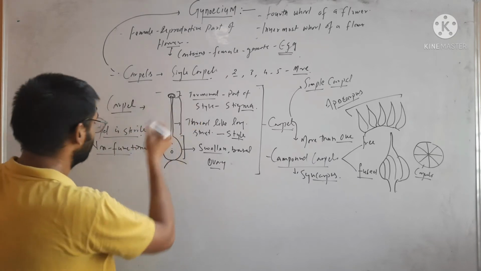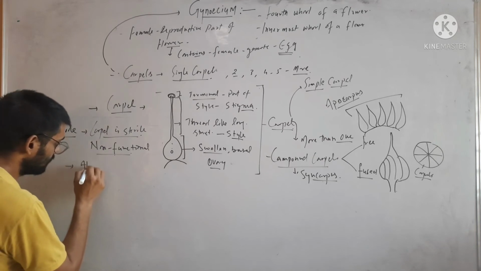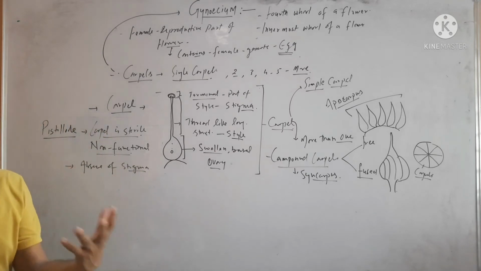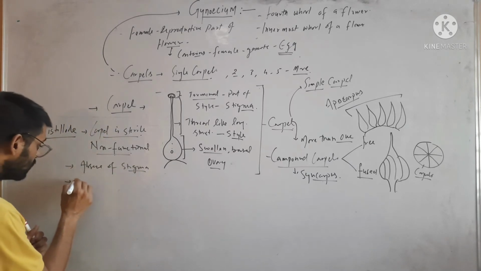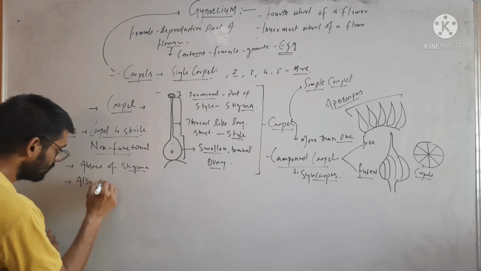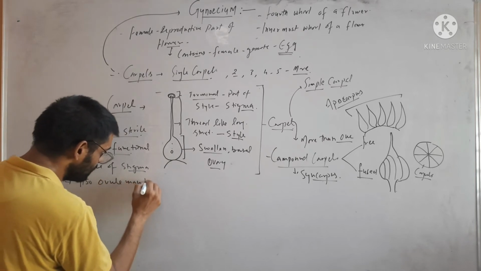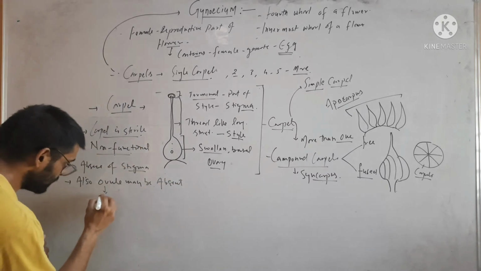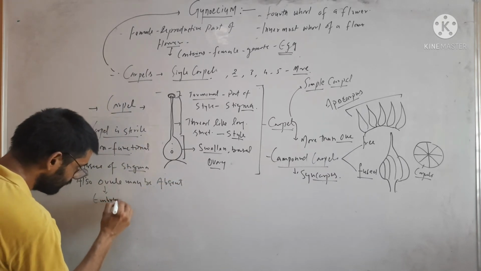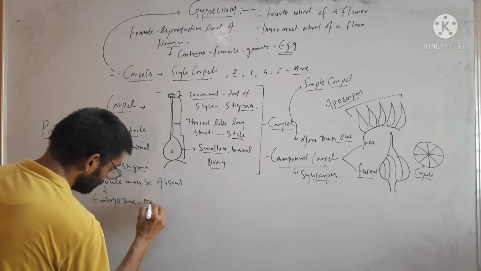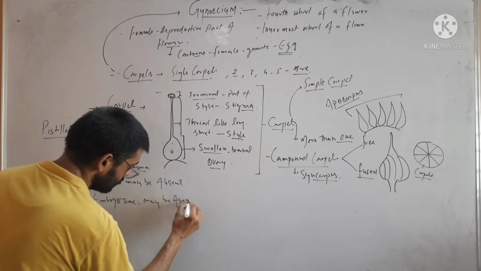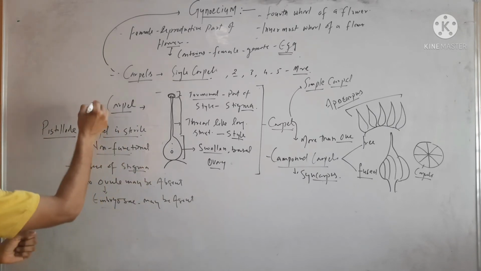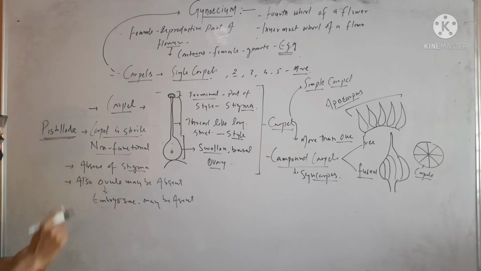So there may be an absence of stigma, so that pollen will not germinate, or also the ovule may be absent. If the ovule is present, then the embryo sac may be absent. So here in all cases the carpel will be non-functional, and the non-functional carpel will be called pistillode.